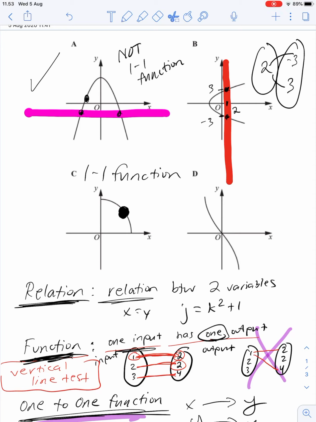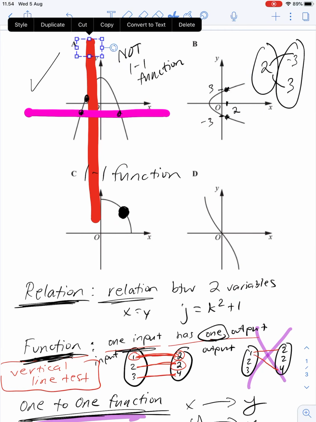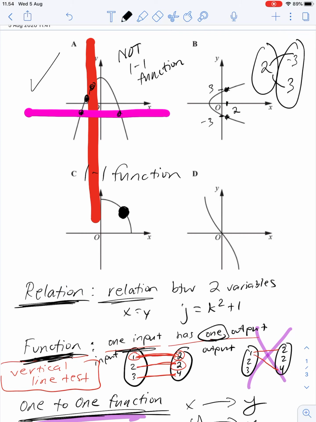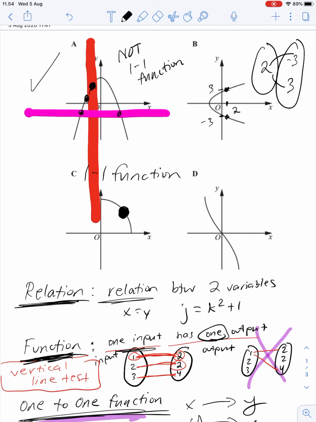However, we already saw that this one is a function, because it meets the vertical line test, but not the one-to-one function. So this one right here would be a function, but not a one-to-one function.